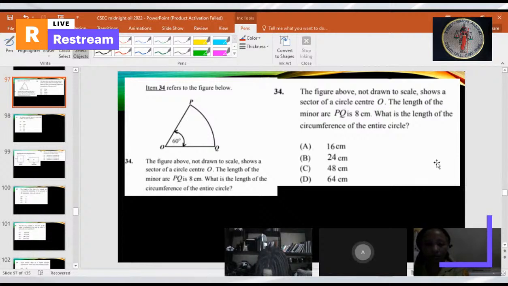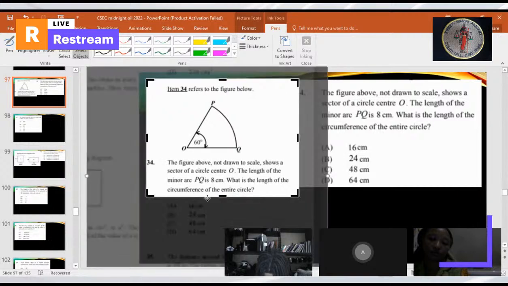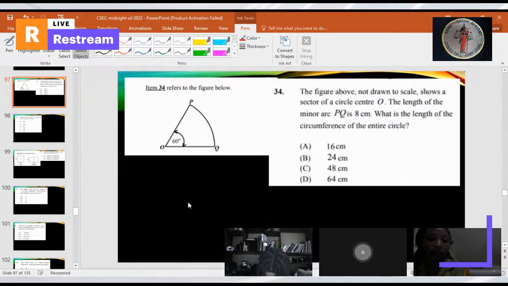What is the length of the circumference of the entire circle? So that is a portion of the entire circle and it is 60 degrees. So to find what's missing, we say 360 minus the 60 degrees.